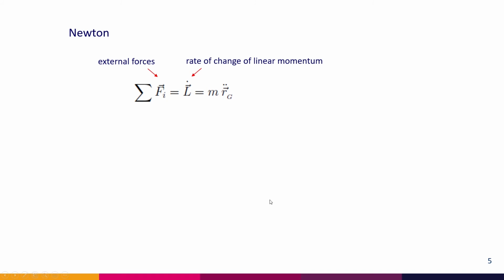Linear momentum is the mass times the velocity. This is also equal to the mass of the body or particle times its acceleration. So we see that the mass is the body's resistance to being accelerated.